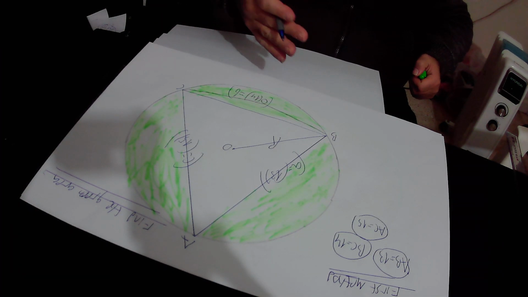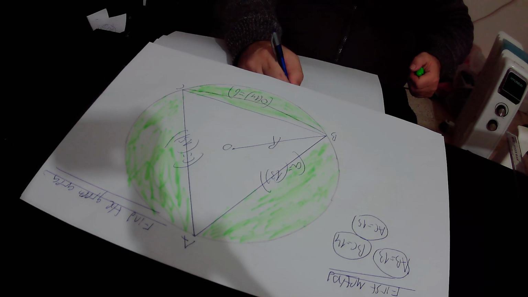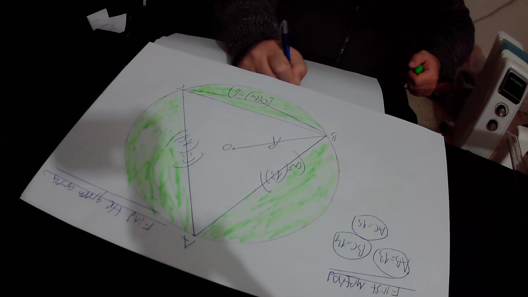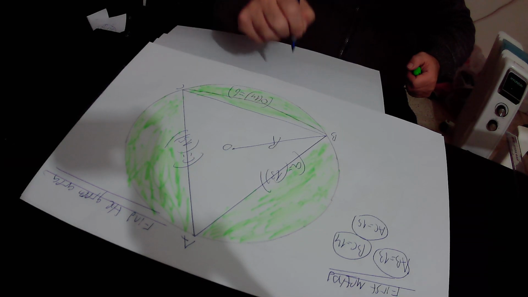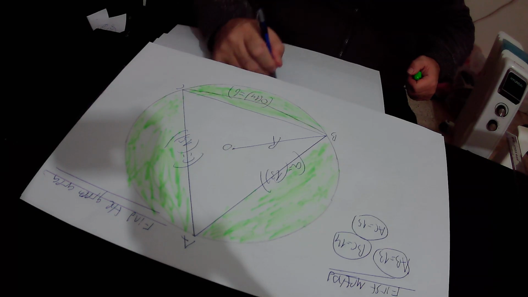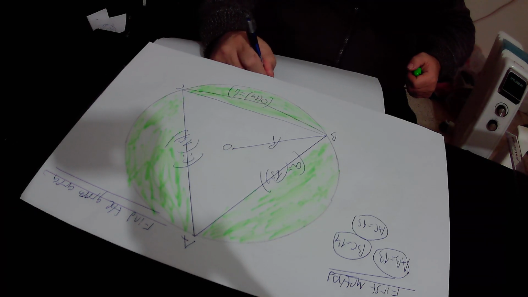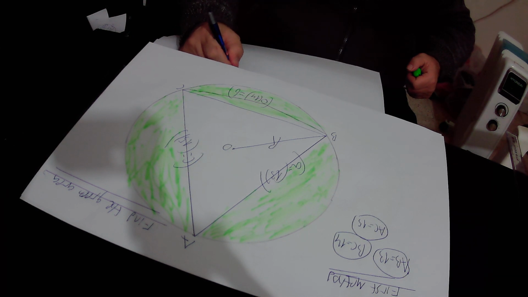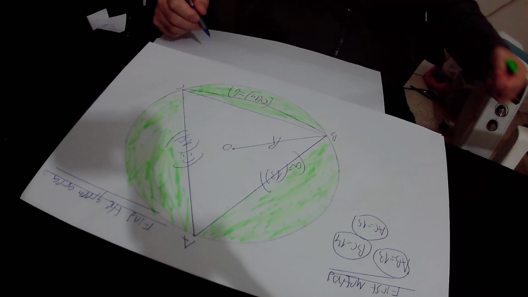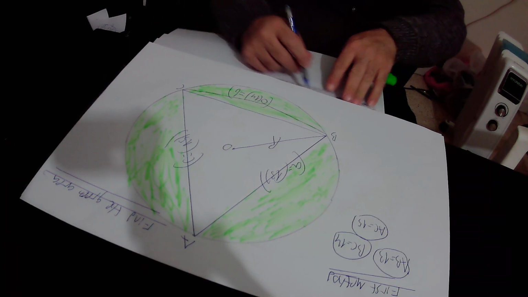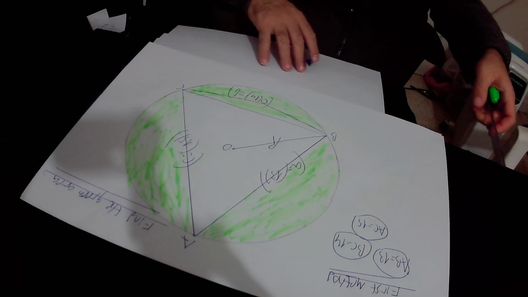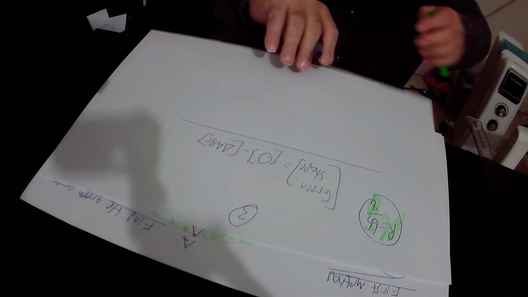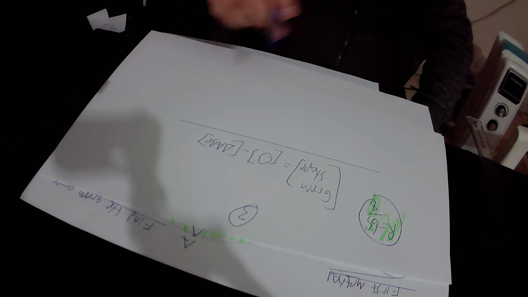From the drawing it is very easy to see that the area of the green shape is equal to the area of the circle minus the area of triangle ABC. Repeat again, the area of the green shape is equal to the area of the circle minus the area of triangle ABC.